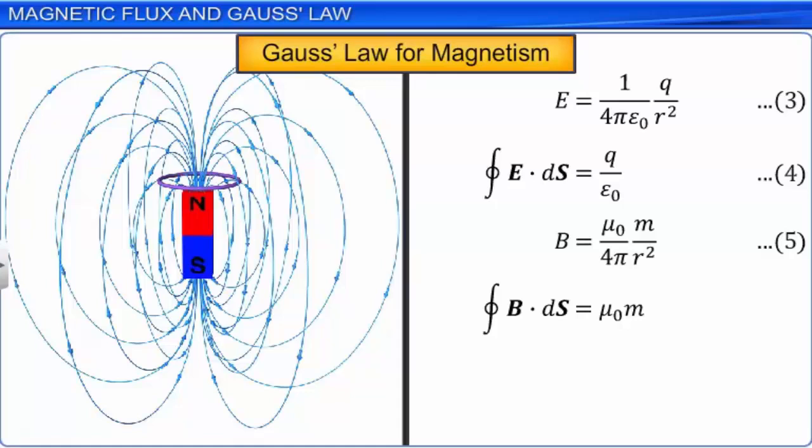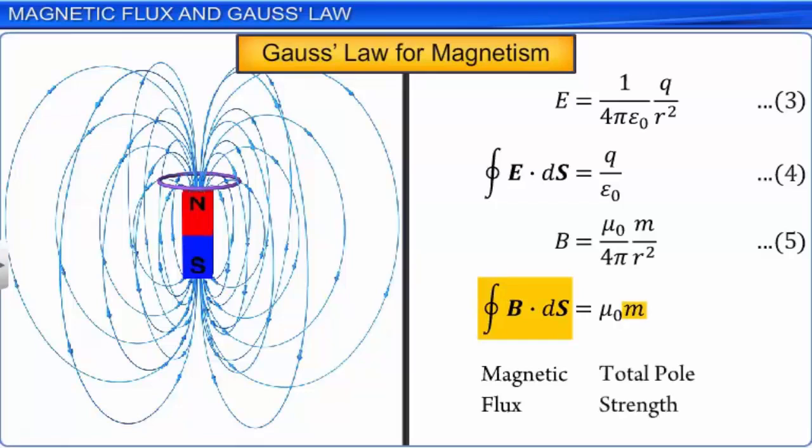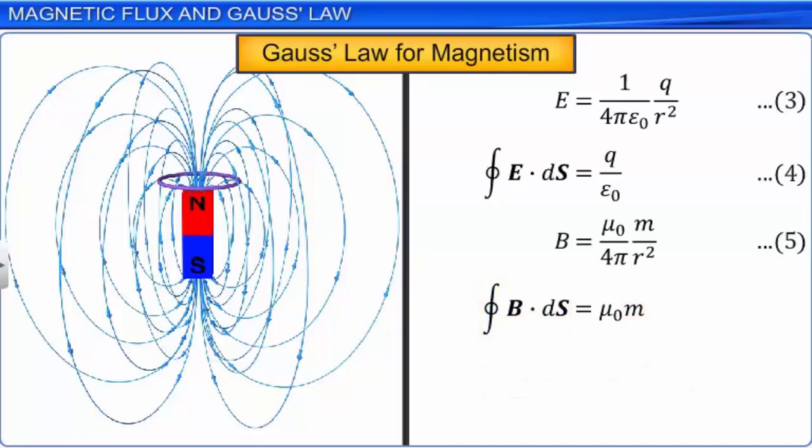Here, integral over the closed surface B dot ds is the magnetic flux, and m is the total pole strength enclosed by the closed surface. Since the isolated magnetic pole or magnetic monopole does not exist, that is, the magnetic dipoles alone exist with poles that are opposite in nature, the net pole strength enclosed by the closed surface is 0.